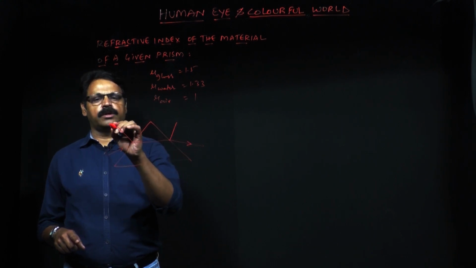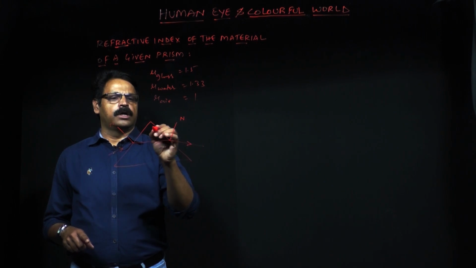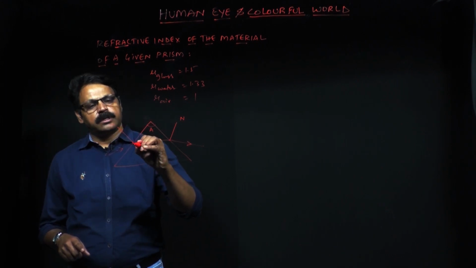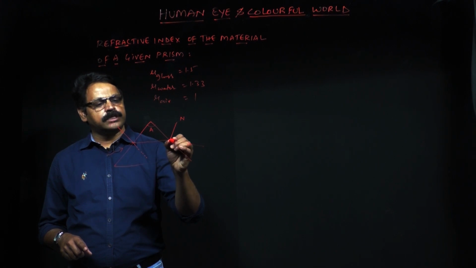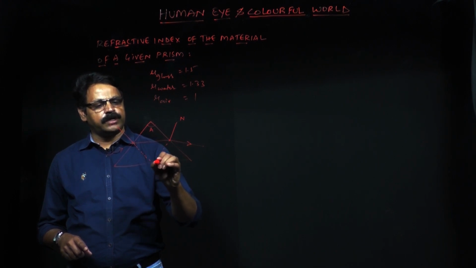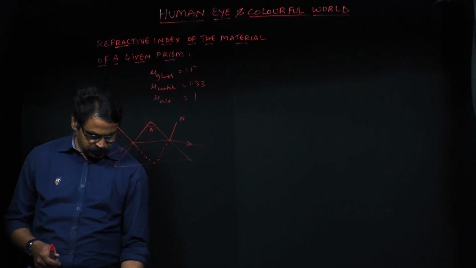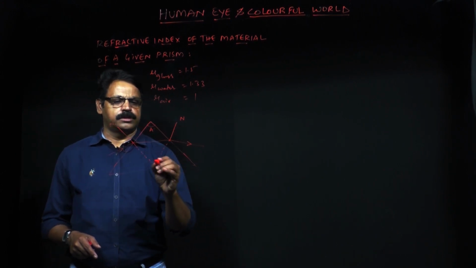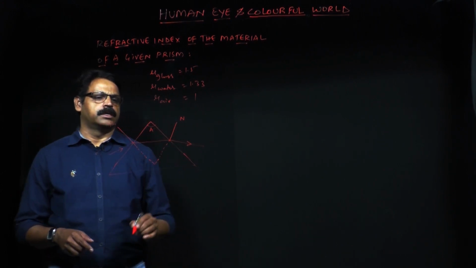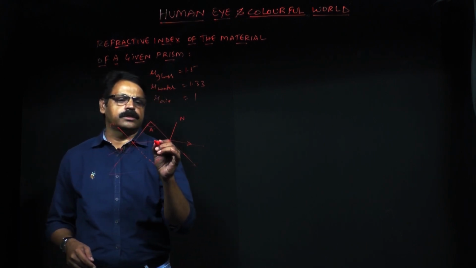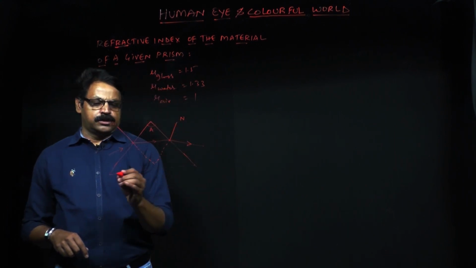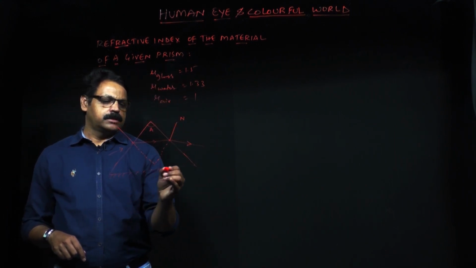Let us say this is normal 1, this is normal 2, and of course this is the prism angle A. If I extend this, the picture is going to be like this. This is the ray, how it is getting refracted, and this is going to be the base.